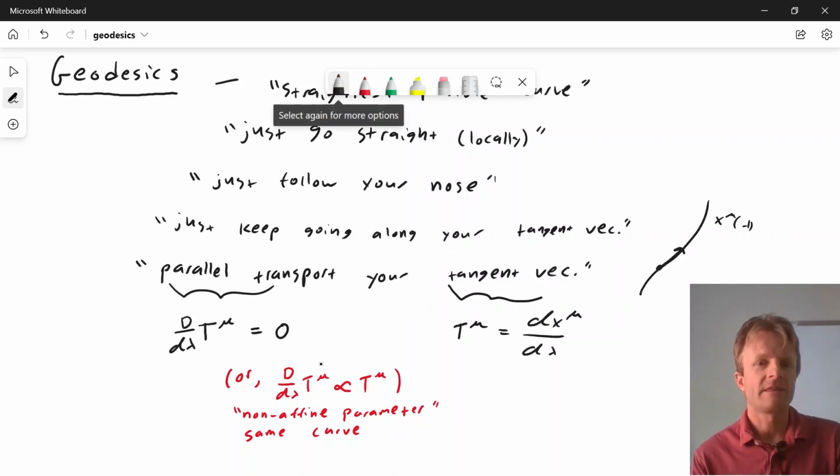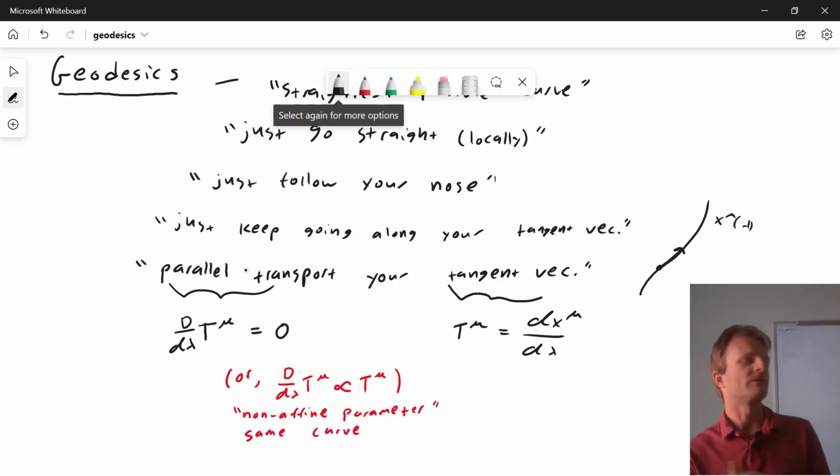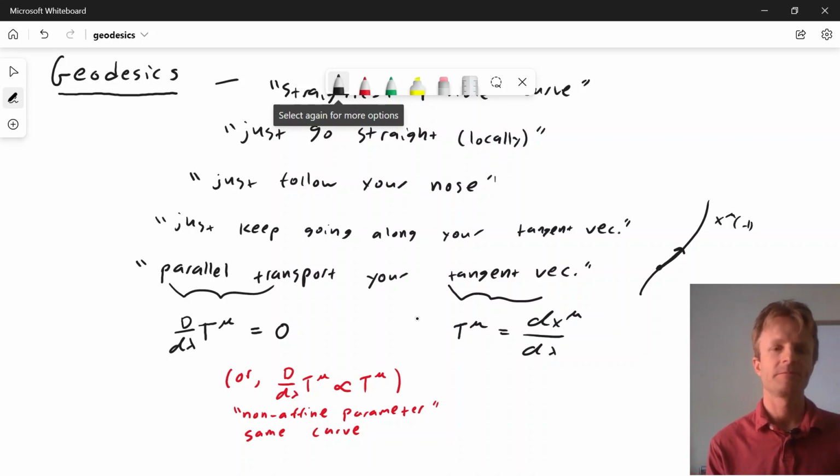So this red thing here also captures the idea of just keep going in the same direction. It's just in this last step here, we went to full parallel transport as opposed to just preserve the direction but allow the length to be arbitrary.